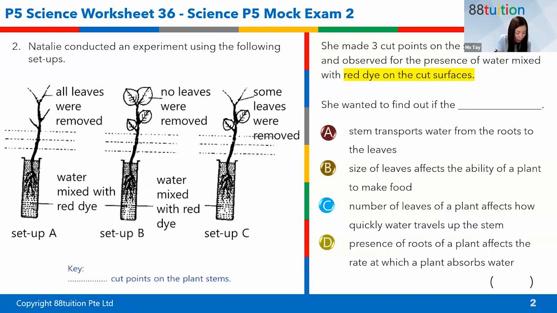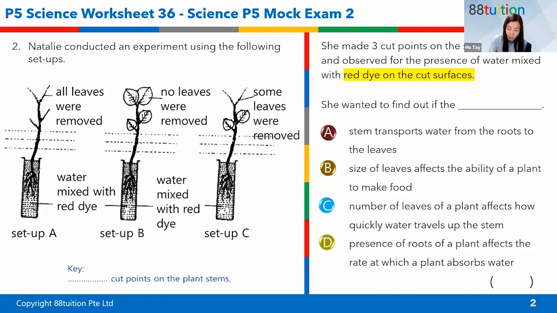Setup A, all leaves were removed. Setup B, all leaves are intact. And for setup C, some of the leaves were removed. They are all placed in a container with water mixed with red dye. The roots seem to be pretty much the same for all setups.